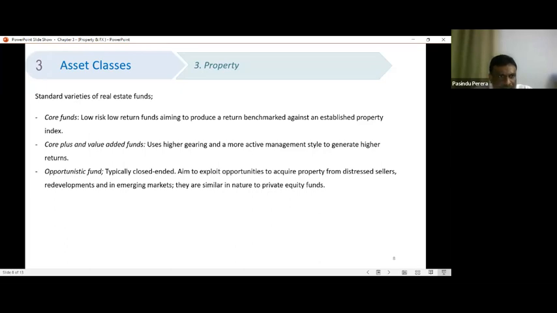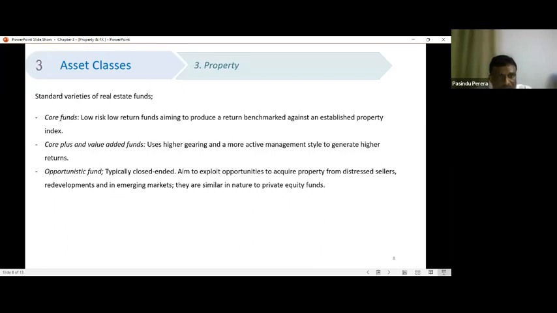So there are three standard varieties of real estate funds. One is the core fund, a low risk, low return fund, which you benchmark against a property index. Then core-plus and value-added funds are a bit aggressive. You drive through gearing, or more borrowing, and due to that you need to manage aggressively, so you probably end up with higher returns.